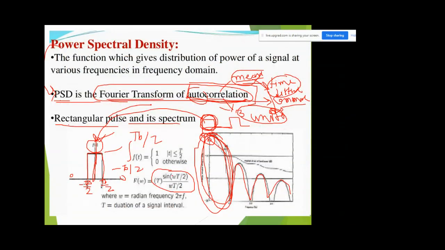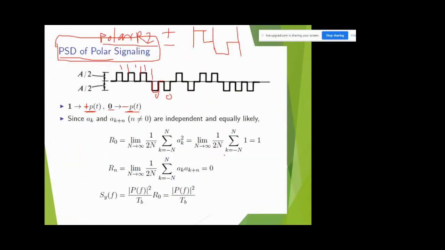We have to consider time T equal to the center of the bit, as per this calculation. This is the pattern that we have for bit 1. What we will do is consider time T equal to 0. So we will have minus TB by 2 here, and here it is 0.